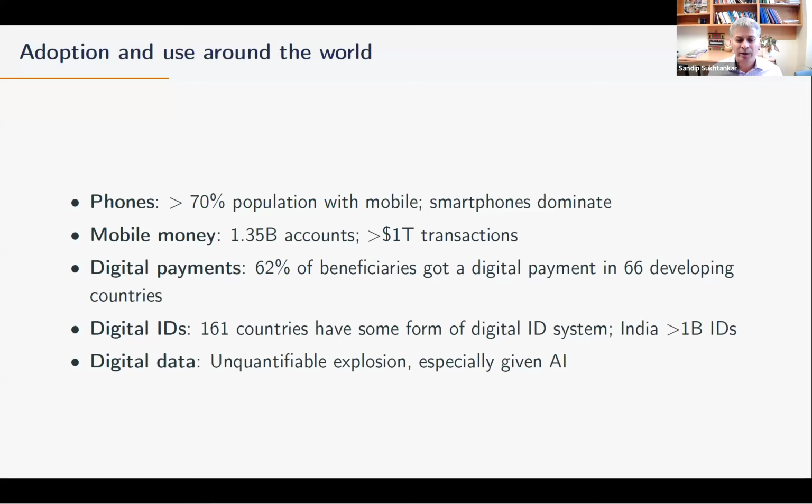Data, I don't even know where to begin. Especially once you start talking about AI, the growth has been absolutely ridiculous. And there's maybe a little bit less to say about the specific overlap with social protection. We'll talk a little bit about this and how it can be used.